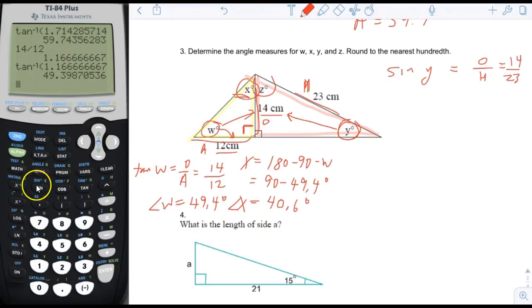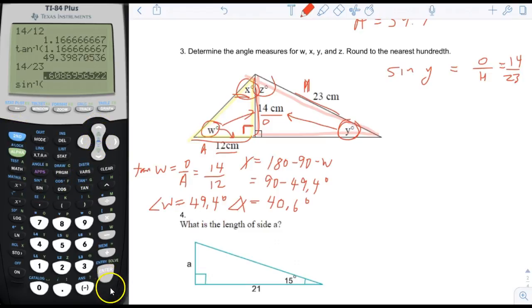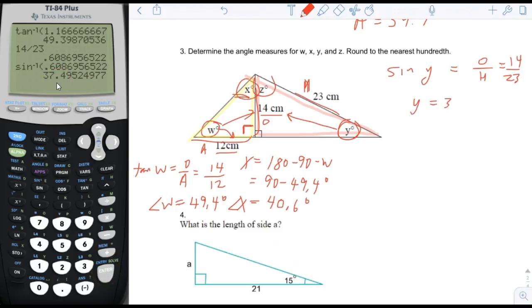So I'm going to put 14 divided by 23 in the calculator, and I get 0.609, and then I'm going to take the inverse sine of that, and I'm going to get 37.5 as my angle Y. Okay? And then now that I know angle Y, I can find angle Z easily, because angle Z is just going to equal 90 degrees minus Y, right?